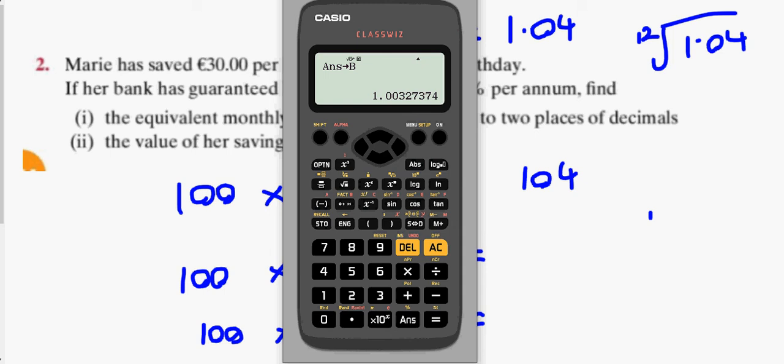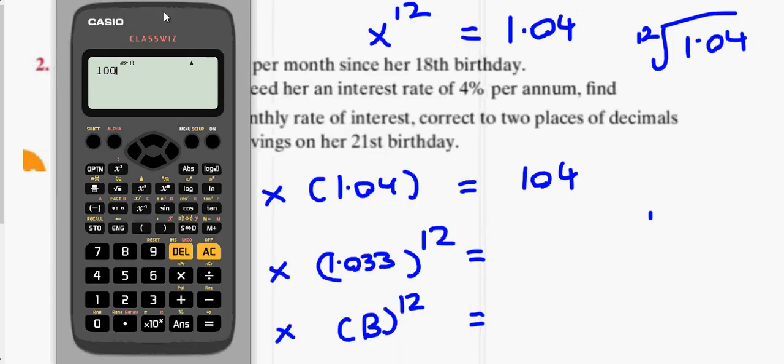And it should be around the 104 mark, shouldn't it? Because it should add on 4%. So you multiply by 1.033 to the power of 12 and 1.0033, my bad, extra 0, too high. See 104? 3 cents off, isn't it?